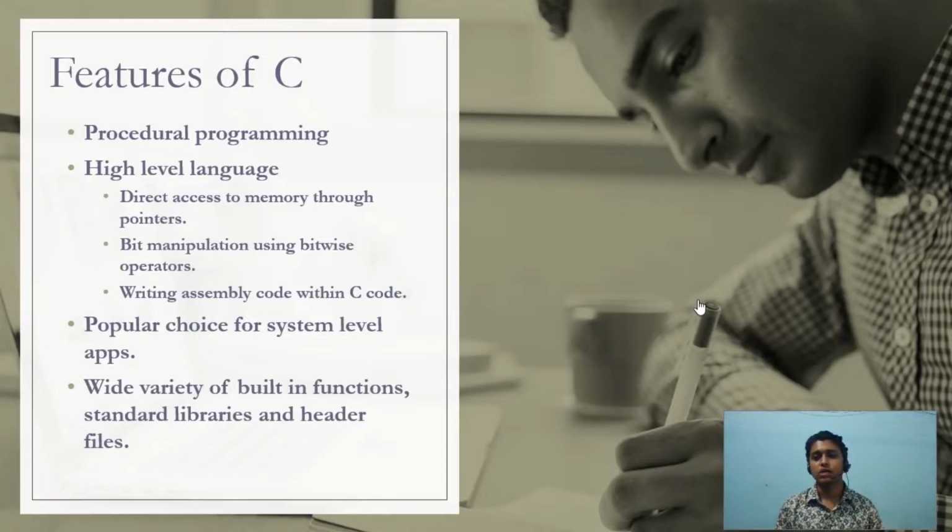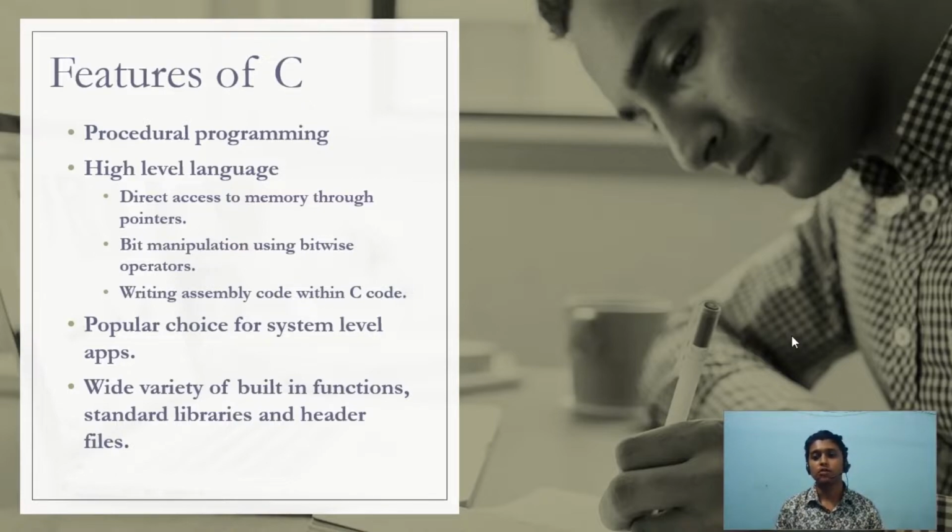C language is called a high level language because it makes programming simpler for human beings, but on the other hand it also allows us to access system level features such as direct access to memory through pointers, bit manipulation using bitwise operators, and writing assembly code within C code.